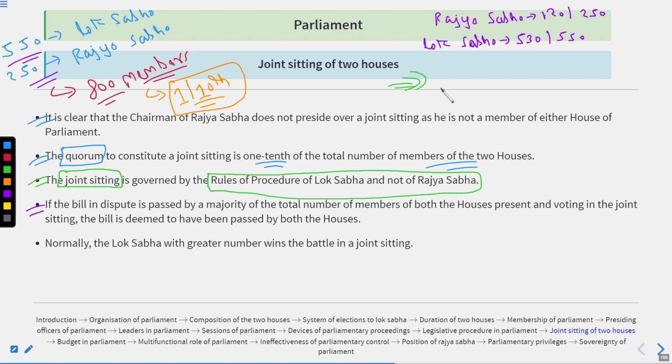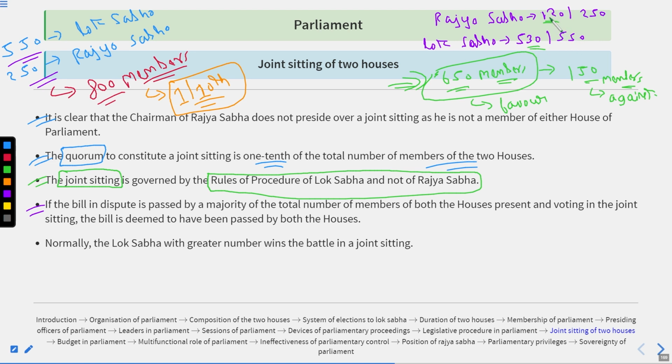So if we combine them, how much have we got? Total 650 members were in favor, all right, and total 150 members were against. Okay, so whatever the 650 is, this 650 doesn't matter on an individual basis.